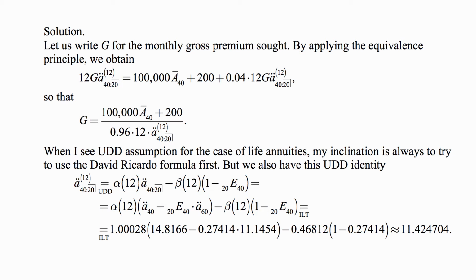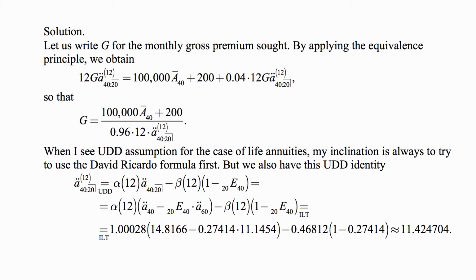So let us write G for the monthly gross premium sought. By applying the equivalence principle, we obtain that, now it's monthly premium, so the annual rate of premium is 12 times G. So 12 times G paid as a monthly annuity, with the annual rate of premium 12G, just like the annual rate of payment for a unit annuity ä upper 12 is 1.